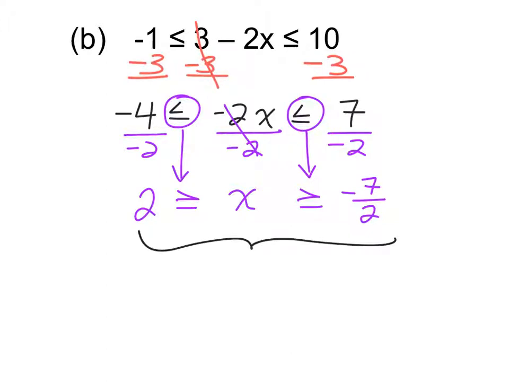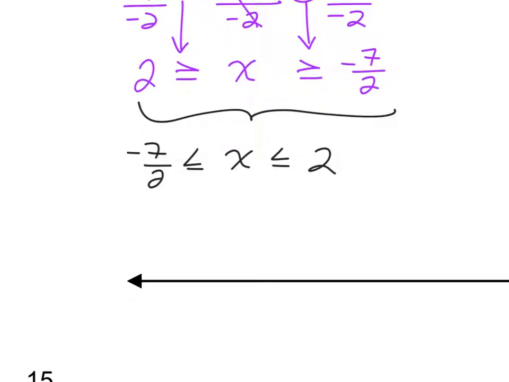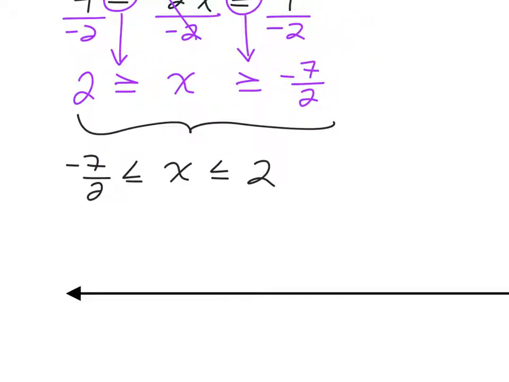I also like, when I see this, to switch the order around, just so I know what I'm doing on my number line, because I've seen people do this before. They get this inequality, they put the 2 on the left side of the number line, they put the -7/2 somewhere on the right, and they just connect them. Like, well, that would be great if math worked that way, but it doesn't.